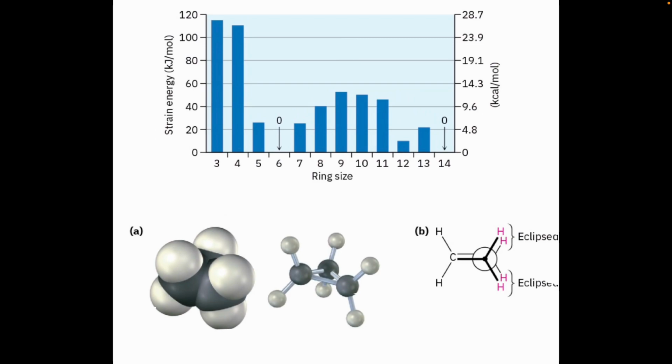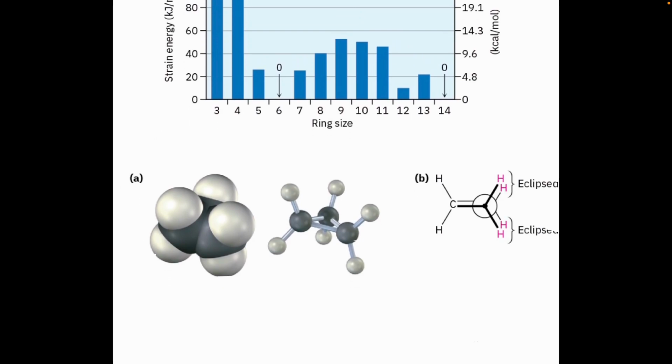So this triangle, this three-membered ring, is the worst of both worlds, which is why it is so high energy. Not only does it have a boatload of angle strain, but it also has 100% maximal torsional strain. All those bonds are eclipsed. All right, so our triangle here has a lot of both angle and torsional strain.